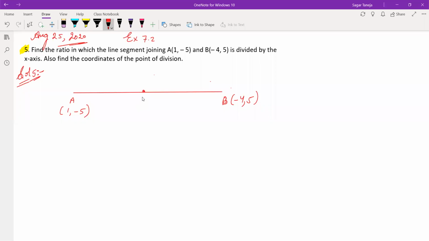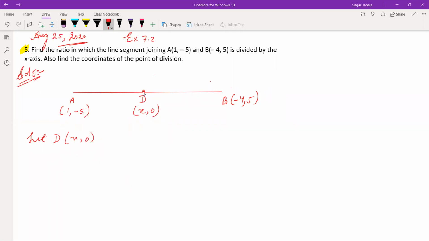Let us take this point as D, and the coordinates of this point will be x comma 0. Why have we taken the coordinates x comma 0?